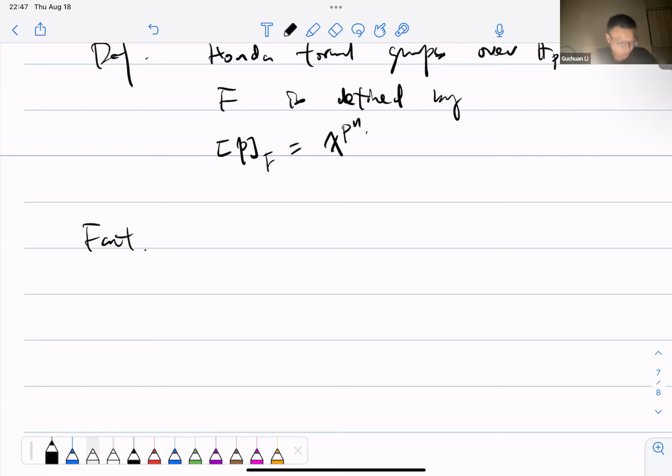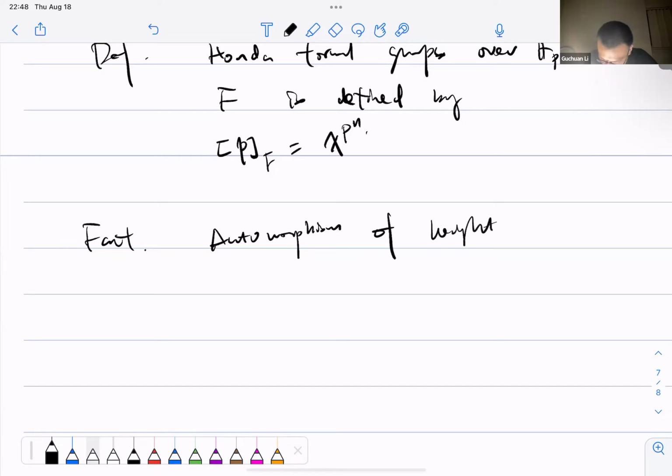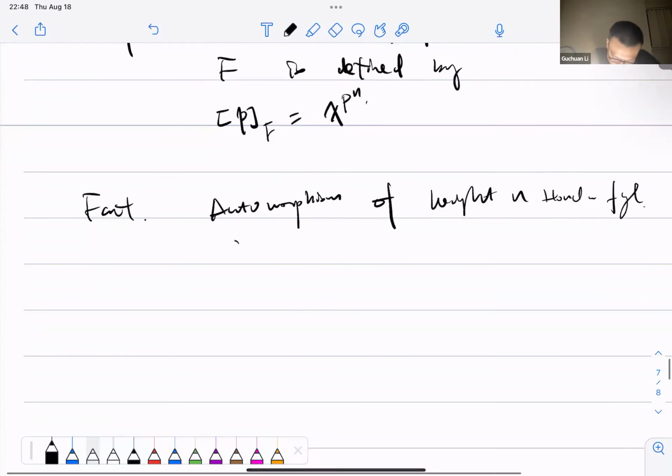So in this case, it's interesting to study the automorphisms of the height n Honda formal group law. And since they are isomorphic, this will give everything, right? This is usually denoted as, and also called, the Morava stabilizer group.